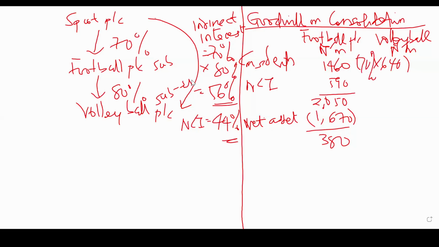So if they made an investment of 640, we can assume that 70% of that 640 million is our asset. What is 70% of that? 448. So that will be the consideration I will use. I won't use 640.